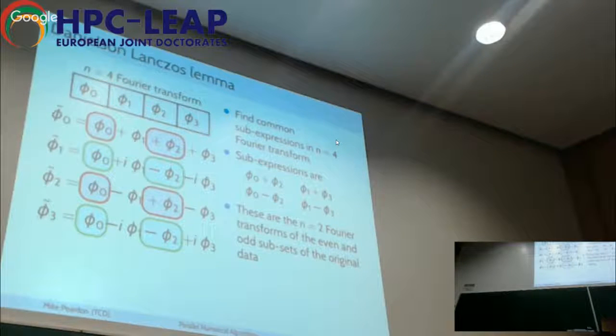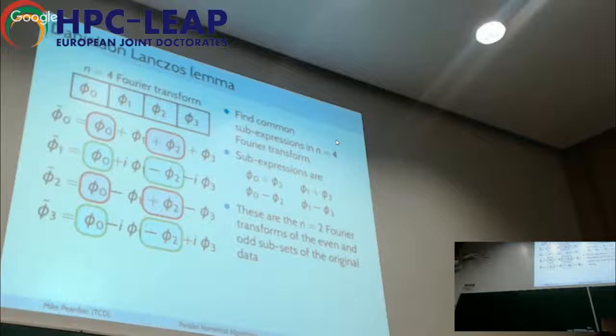And what we see straight away is that those expressions have some common sub-expressions. In phi twiddle 0, you see that phi 0 and phi 2 appeared in the original data, and they're added, phi 0 plus phi 2. And that same expression appears in phi twiddle 2. Phi 0 is the flat mode where we sum over everything.